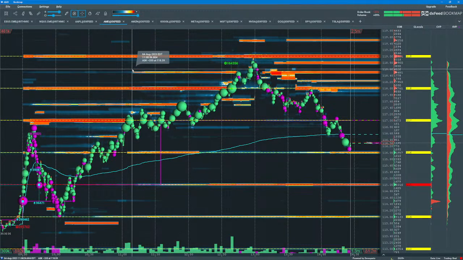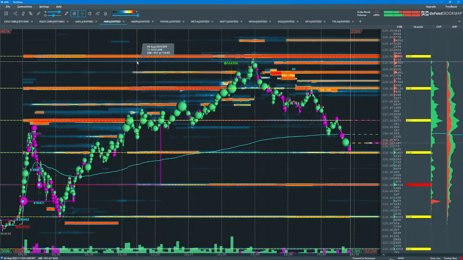Remember the divergence long as traders started buying calls, and the order flow is very easy to read here in AMD.